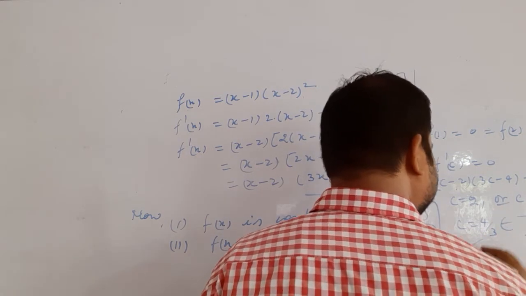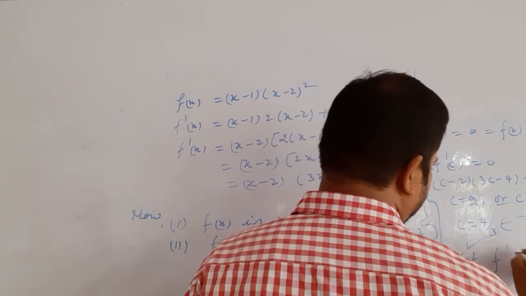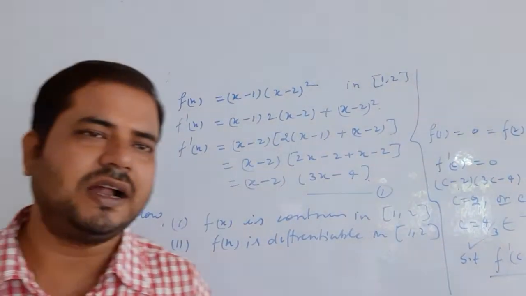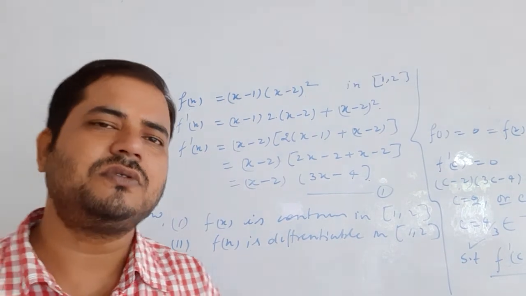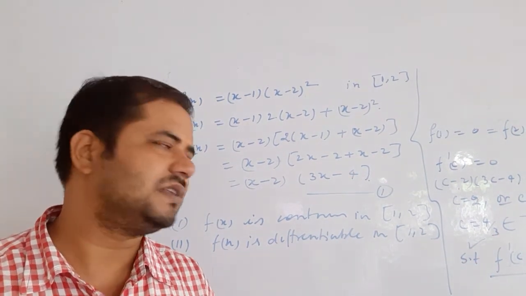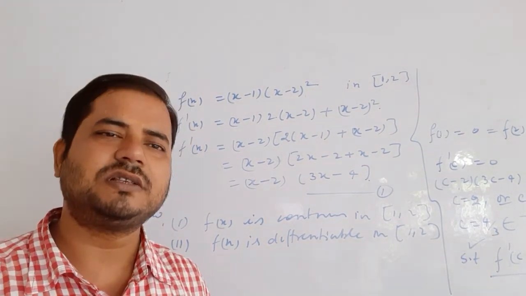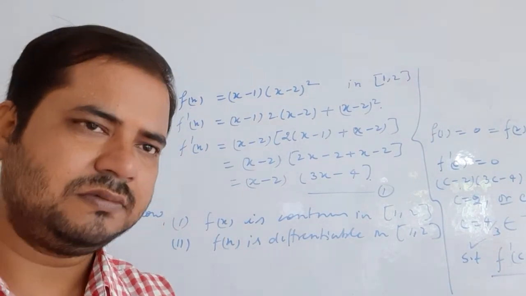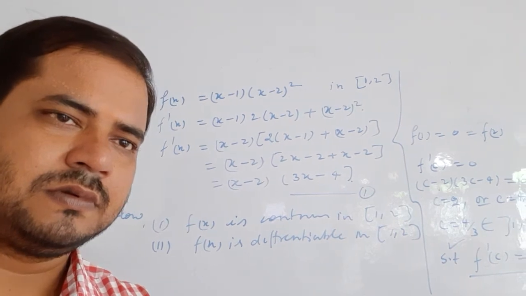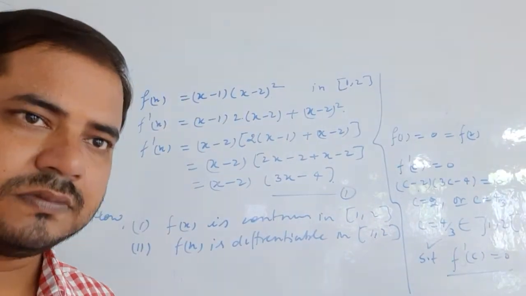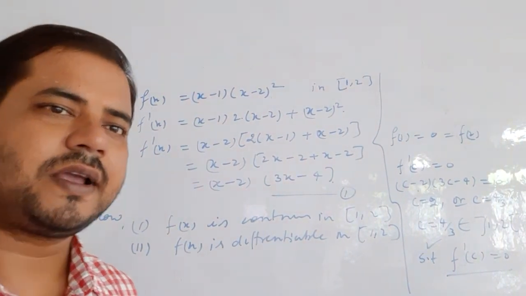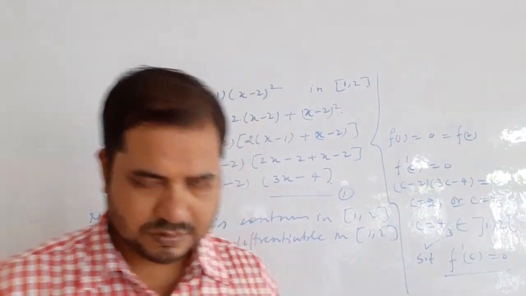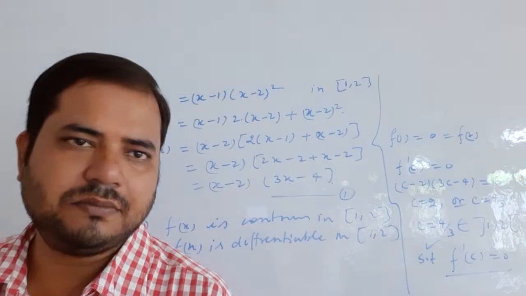Hence we consider this value such that f dash c is equal to 0. Hence we can say Rolle's theorem is verified. Okay. So please note it down and then mean value theorem.